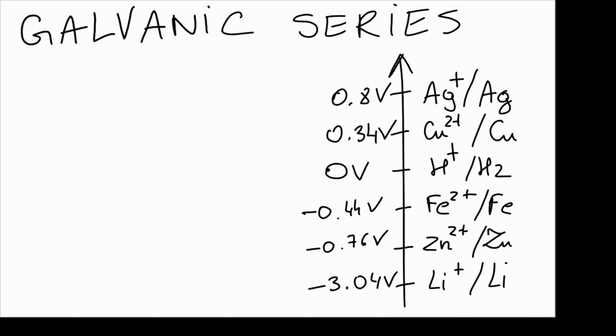The galvanic series is a list of every single existing and known half cell. The list of every single half cell, of course, with their standard potential values.